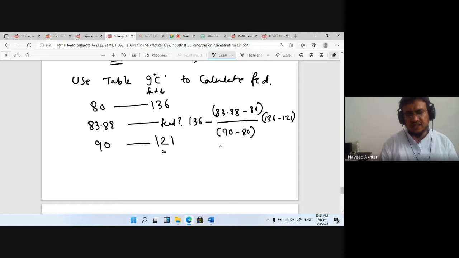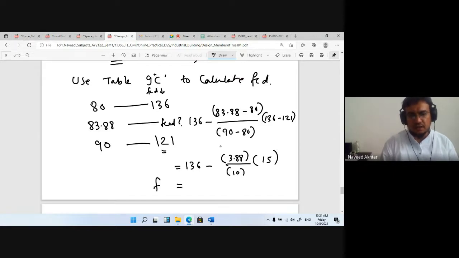So if you calculate this, 136 minus this is 3.88 divided by 10, and this is 6 minus 1 is 5, 3 minus 2 is 1, 15. So the value of FCD will be 3.88 divided by 10 into 15 is 5.82.